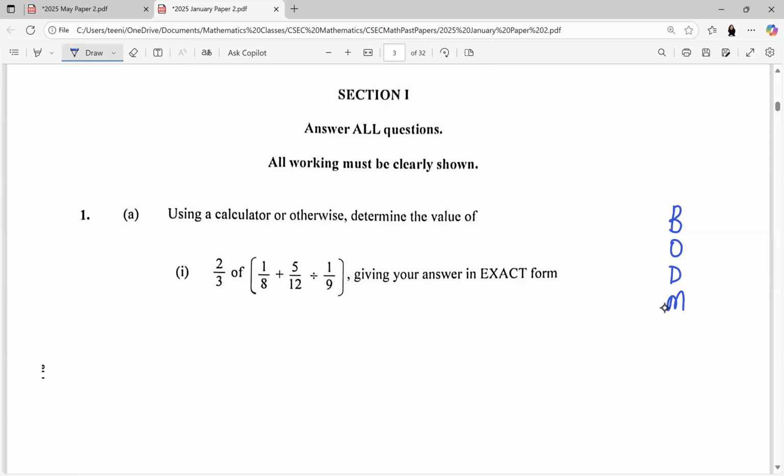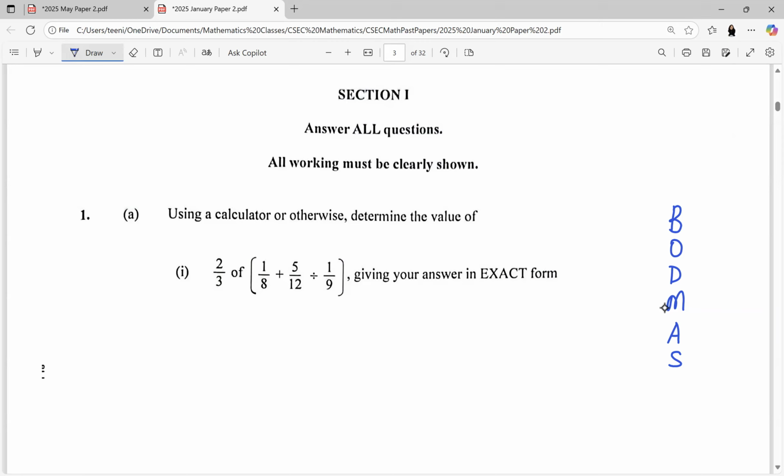Order stands for exponents or indices. So if you have anything raised to the power of 2, 3, 4, whatever, you have to work that out before you divide, then you multiply, or whichever one comes first. And then addition or subtraction, right? So even within the brackets here, you would still need to work out the division part first.